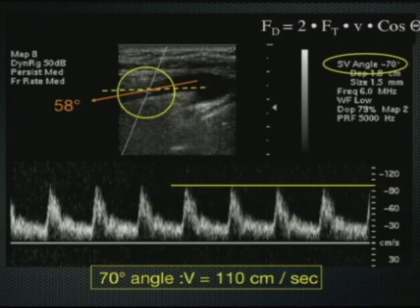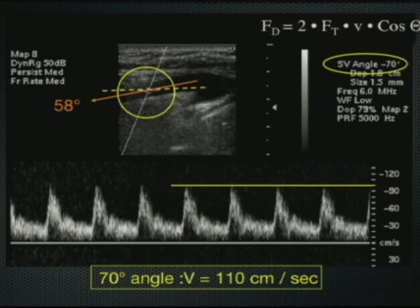Here's an example in which we have placed a sample within the vessel, and the angle cursor is indicated by the dotted yellow line. This angle is indicated in the graphics on the right of the screen as 70 degrees. With this data, the peak velocity in this vessel is estimated to be 110 centimeters per second.